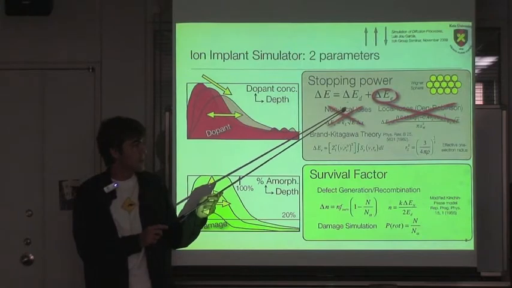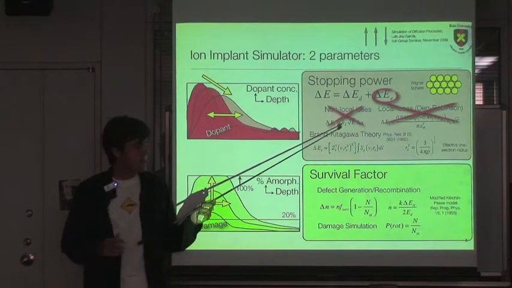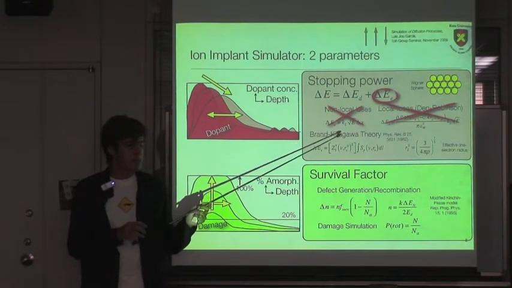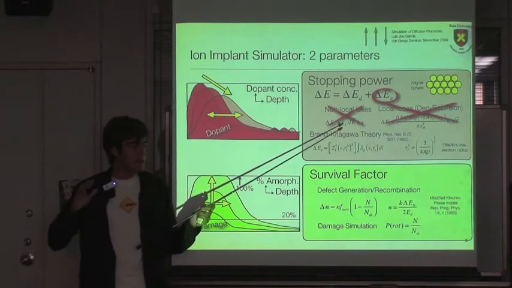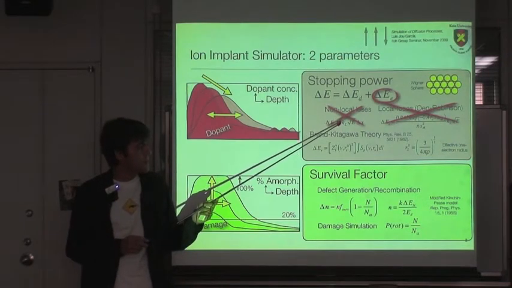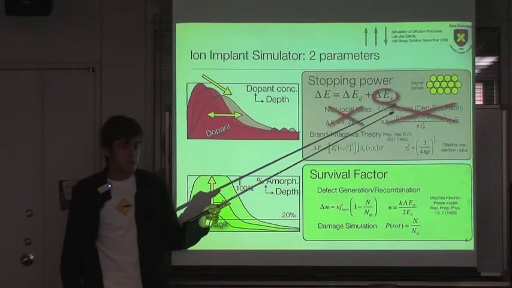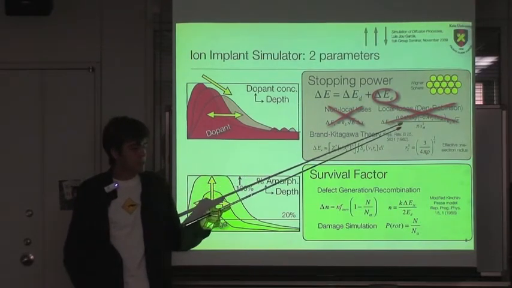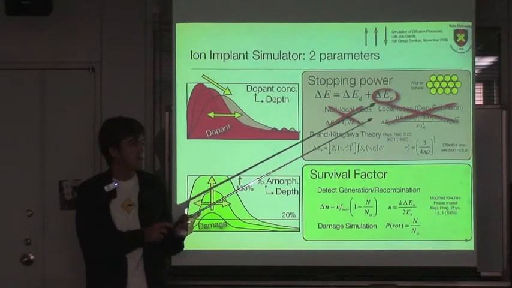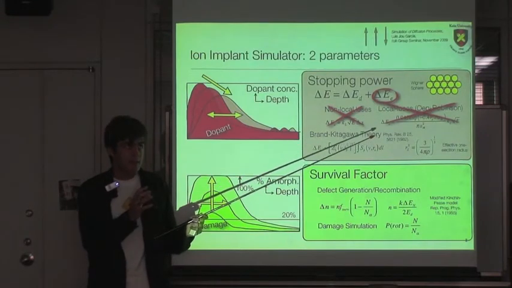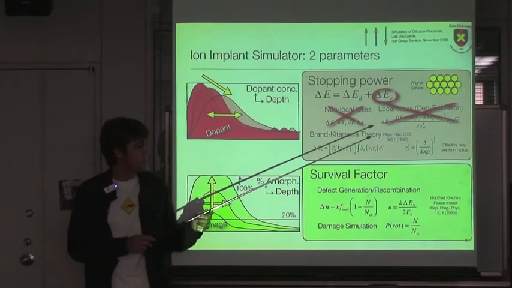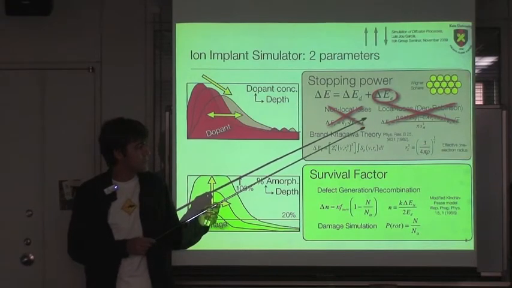One of them is non-local losses, that is, the atom is stopped just because of the bulk. It's considered a homogeneous bulk. The local losses, or Oen-Robinson, say that the losses depend on how close the projectile passes to every atom.